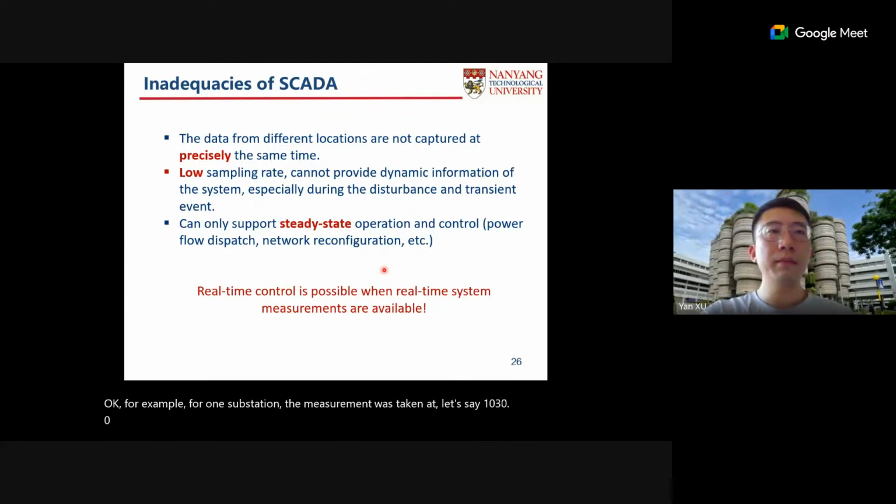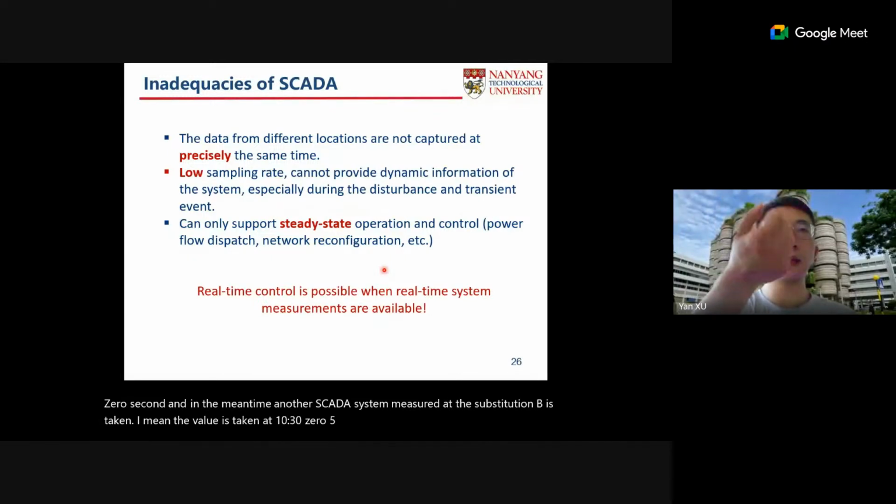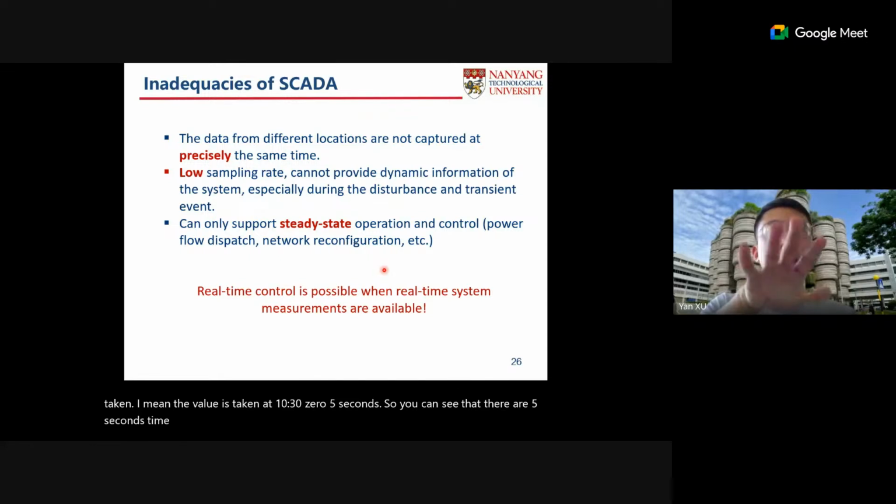And in the meantime, the SCADA system at substation B takes its value at 10:30:05. So you can see that there is a 5-second time gap. So these data are not real time and not synchronized.